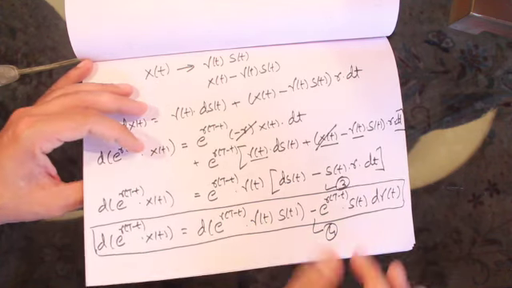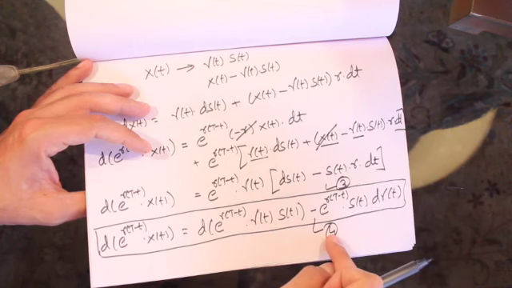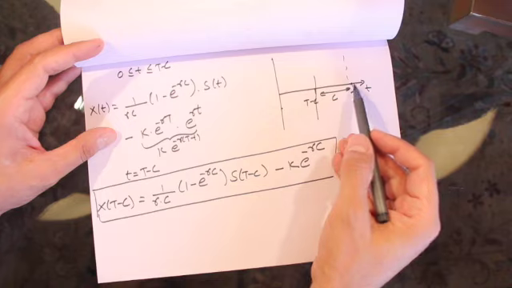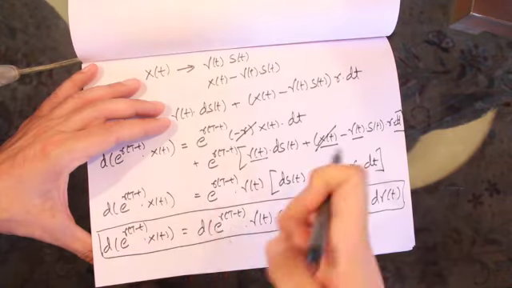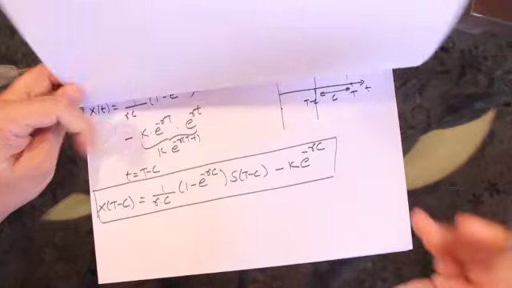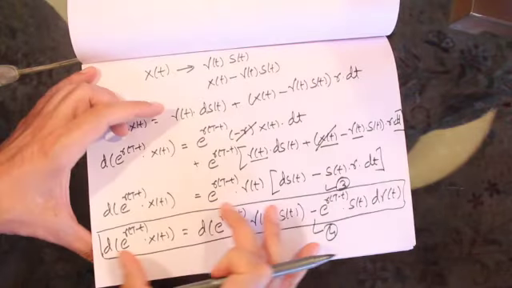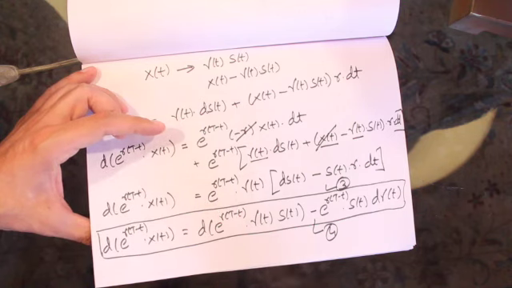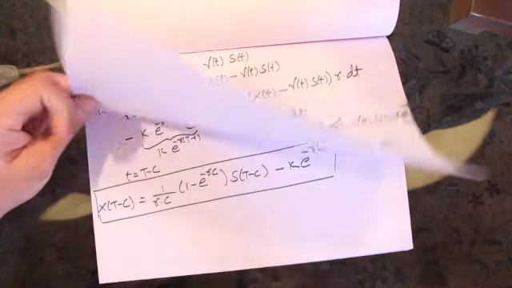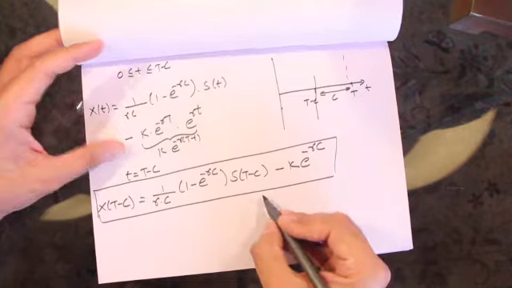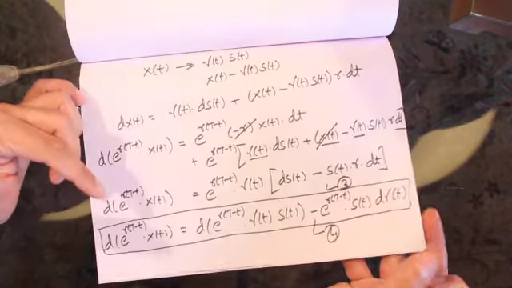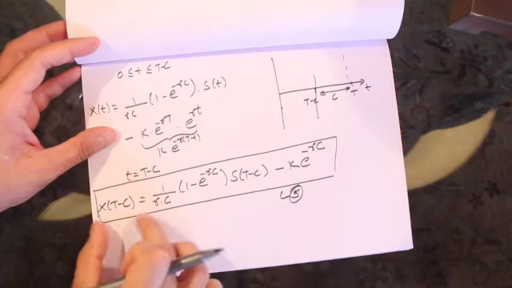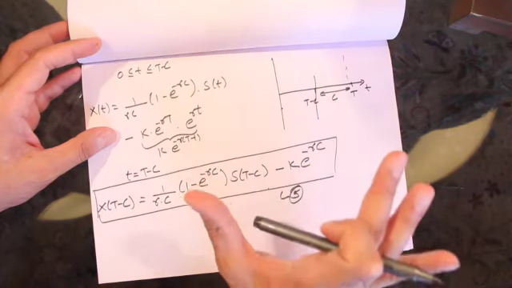So now we can use number 4 to compute the value of my portfolio at time T, and we can do that by integrating both sides from T minus c to T. If we do that, we'll get the value of the portfolio at time capital T. So let's do that now. This was number 4, so let's call this result 5. This is the value of my portfolio at time T minus c.